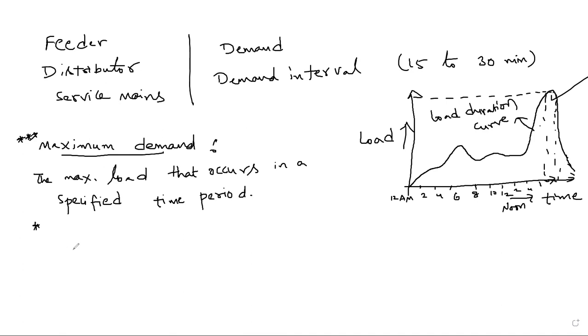The next one, demand factor. You have already studied all these in your power systems, but the syllabus is revised, so you need to revise all the parameters once again and try to focus more to make them perfect. So what does demand factor mean?